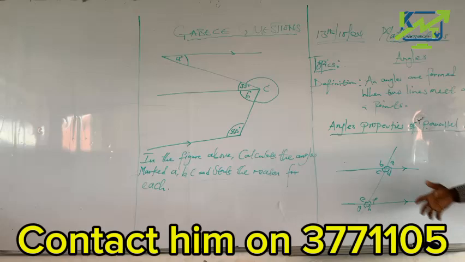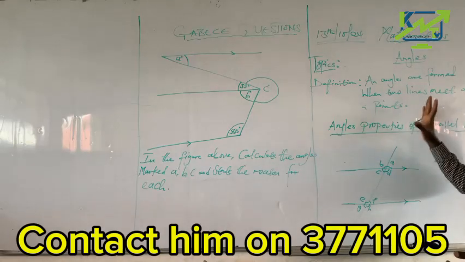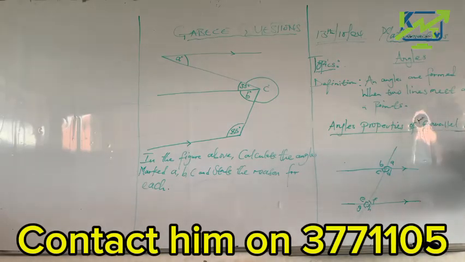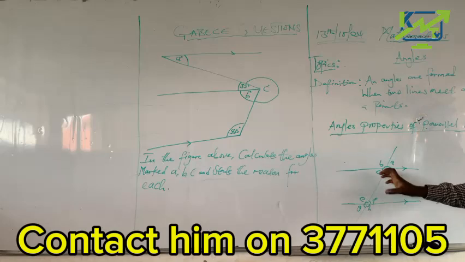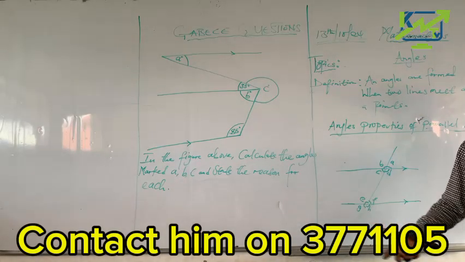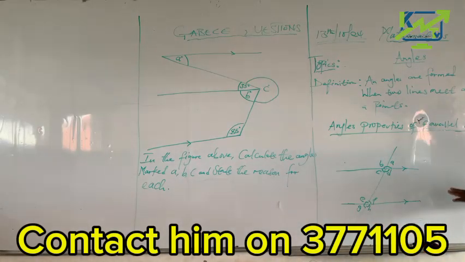Now we are going to look at the properties of angles, because through the properties of angles, we'll be able to understand angles better. If you look at property one, we have two parallel lines. The arrows on these lines mean the two lines are parallel.